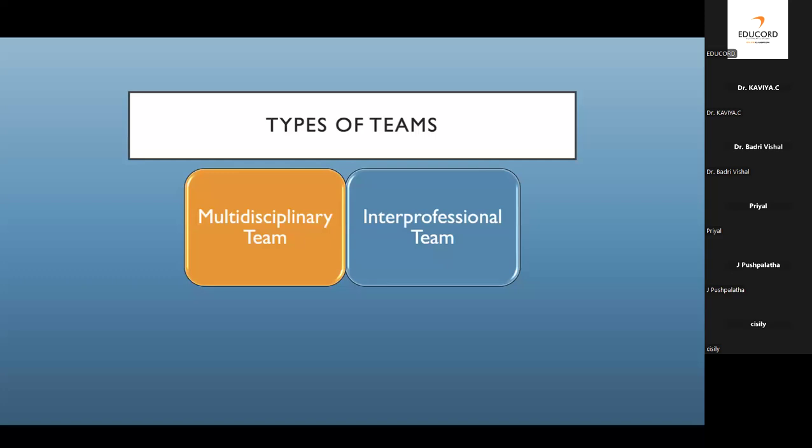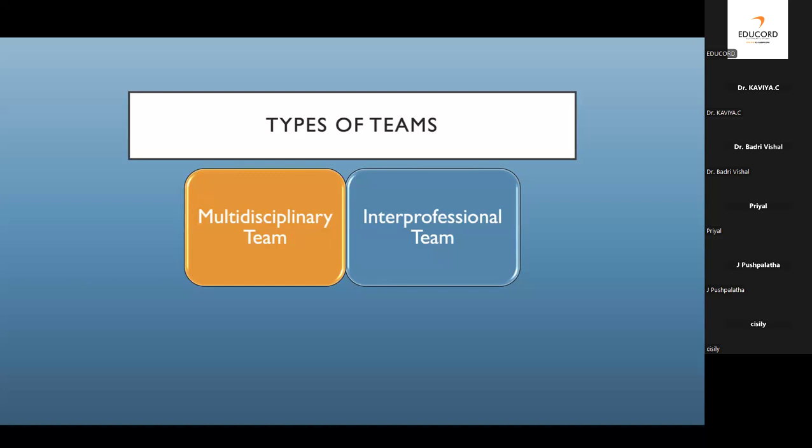When we are saying that the patient is having multiple problems and people from multidisciplinary and interprofessional teams are coming together, if we are talking about people from a similar profession, like the healthcare profession, we have multiple people in multiple disciplines. We have gerontologists, orthopedicians, other specialists. So they are multidisciplinary: the similar kind of profession, but the disciplines are multiple.